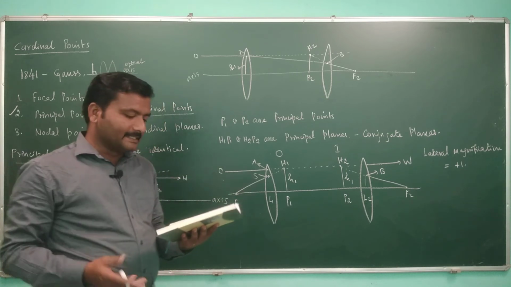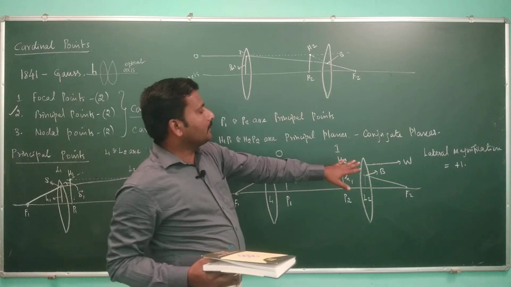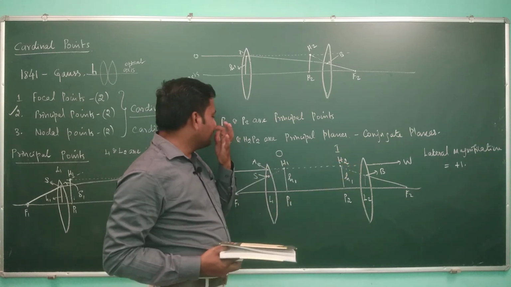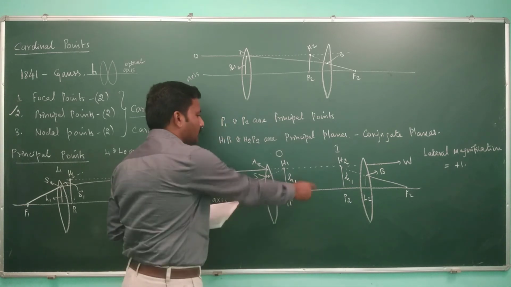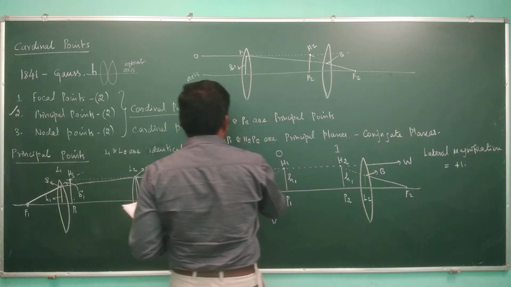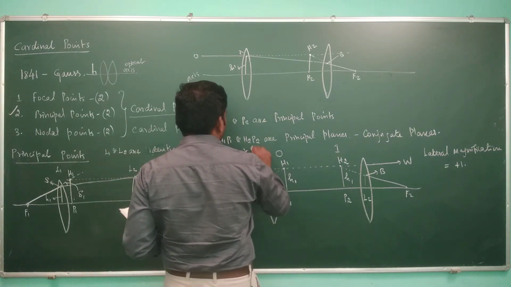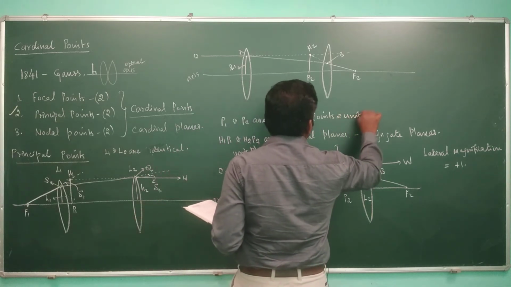It appears as it is. As the lateral magnification is unity, these planes are called unit planes, and these points are called unit points.